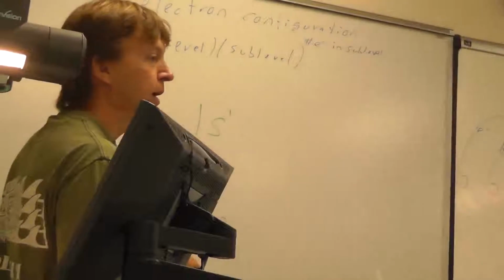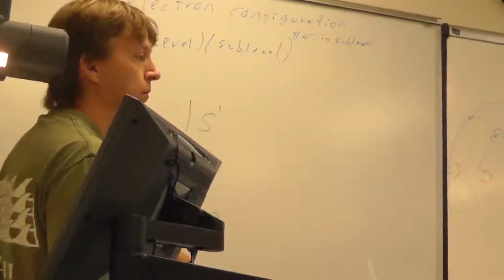Lithium has 3 electrons. But this is not right. Why is this not right? That orbital fills at 2 electrons, right? All orbitals fill at 2 electrons.